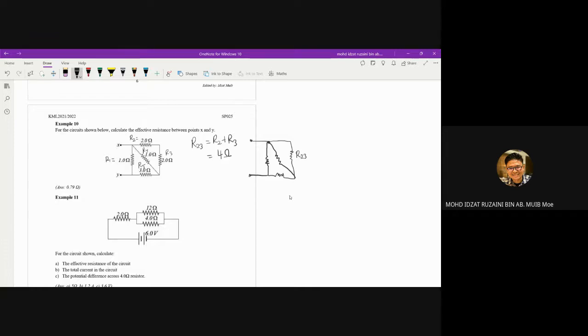Dia bukan series, dia bukan parallel. Dia kalau series dia begini ya, ini ialah series. Kalau parallel dia begini. Dia mesti kaki yang ini sambung dengan kaki ini sambung kaki ini. Itu yang ini adalah parallel.